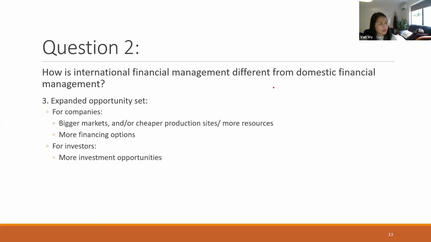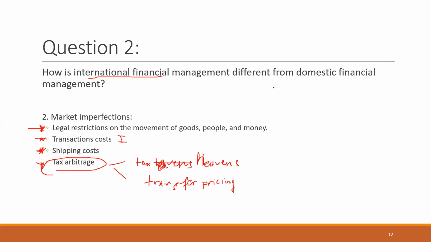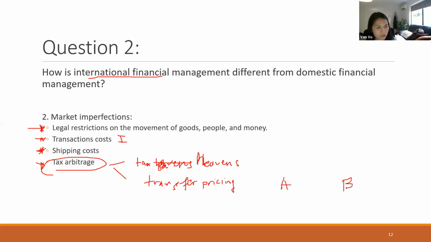Can you repeat the part about transfer pricing again, please? Say I have two subsidiaries or two different branches in two different countries. I might choose to shift my earnings from a country with a higher tax rate to a country with a lower tax rate through internal transactions.